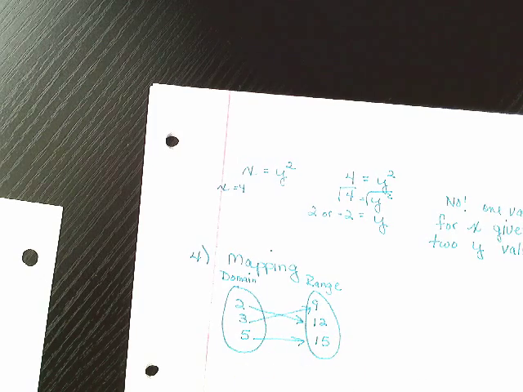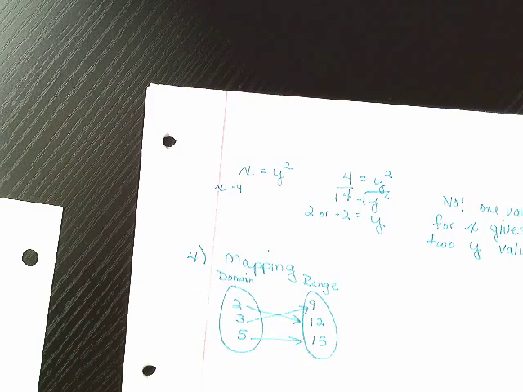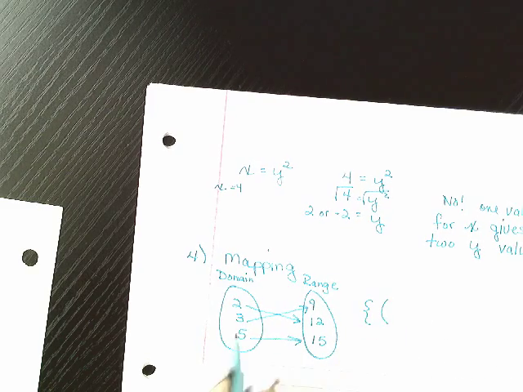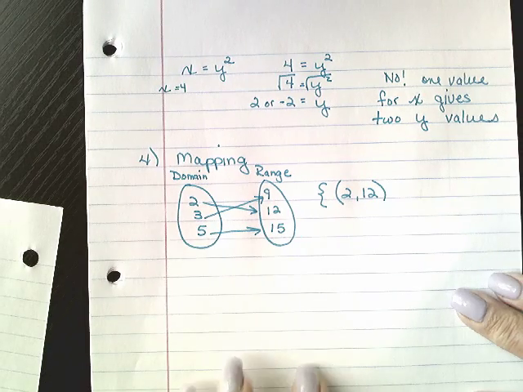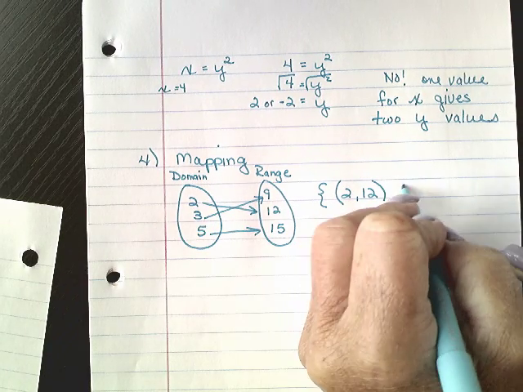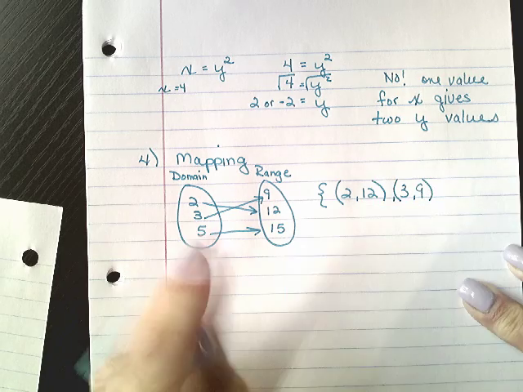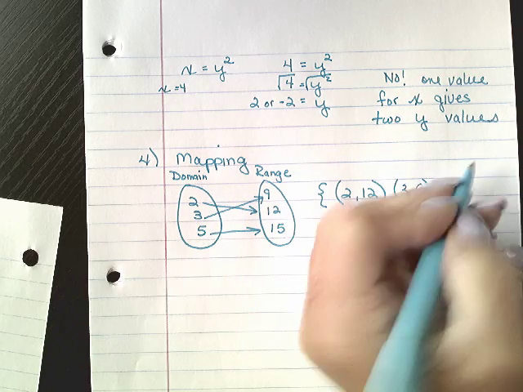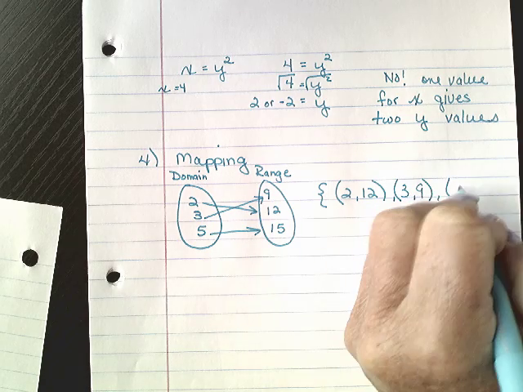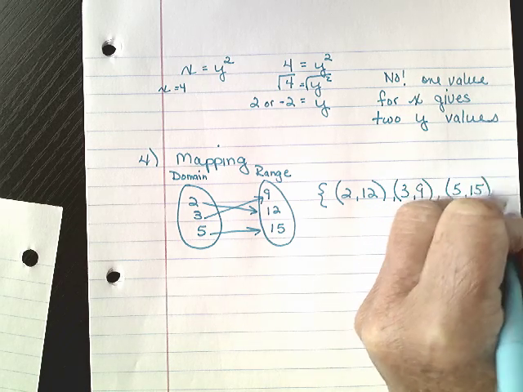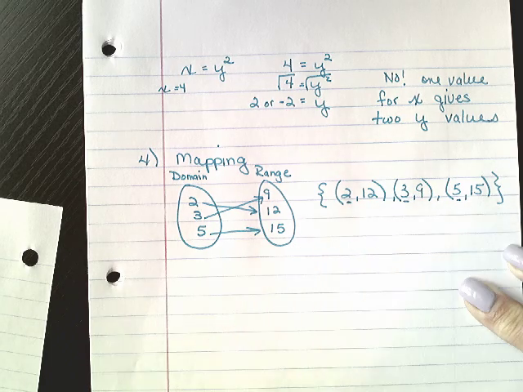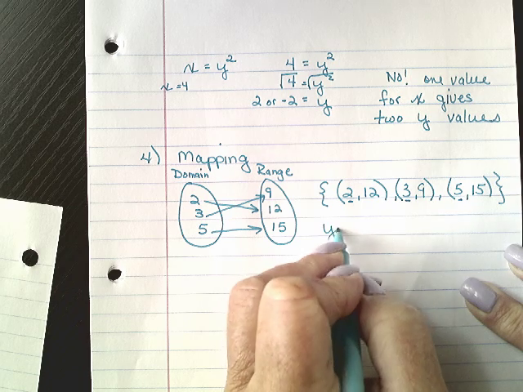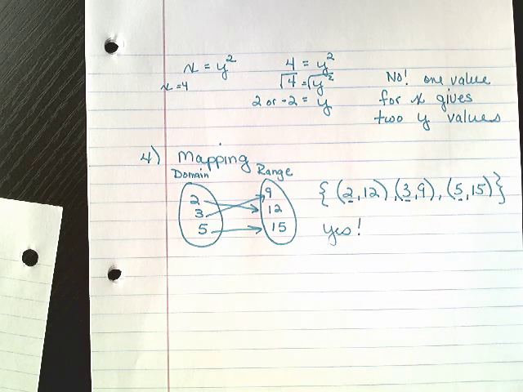So what I would do with the mapping is make a list of the ordered pairs. My ordered pairs would be (2, 12), because the 2 is pointing to the 12, and (3, 9), the 3 is pointing to the 9, and then (5, 15). I'm looking at my x coordinates. None of those x coordinates are repeating, so yes, this is a function.